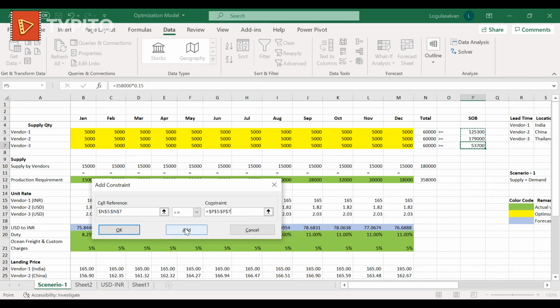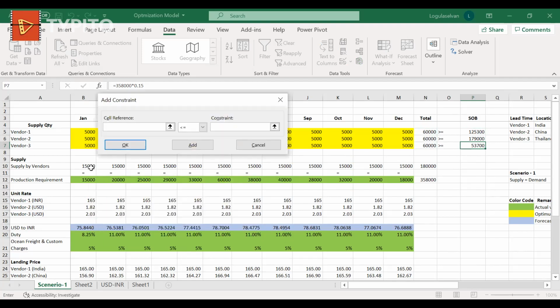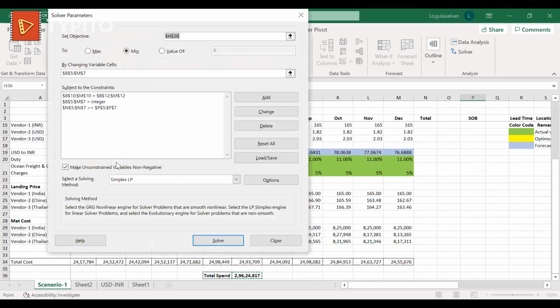This is the second condition. The third condition is of zero inventory, which means supply should be equal to the production requirement. That is the third one. So I have added the three constraints which have been shown in the business problem.